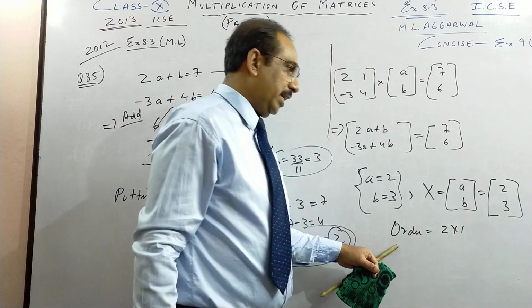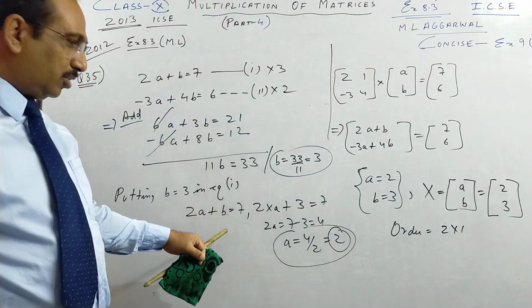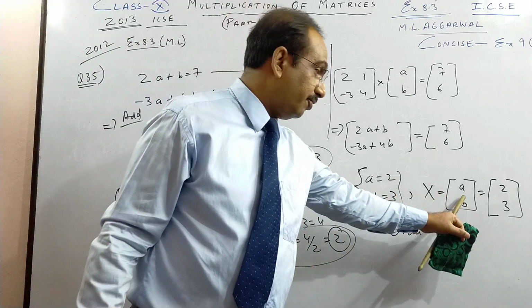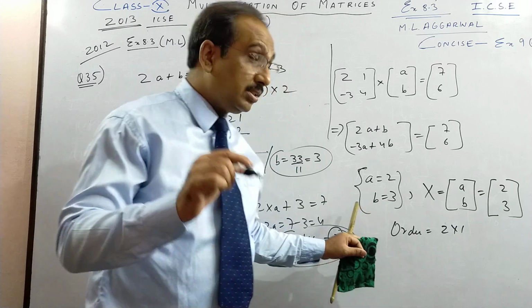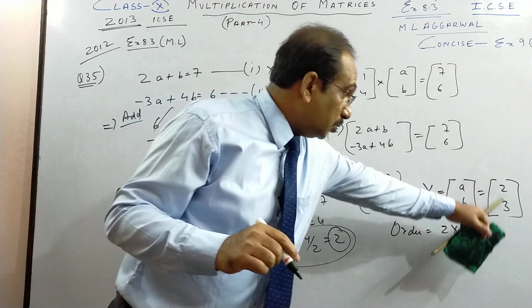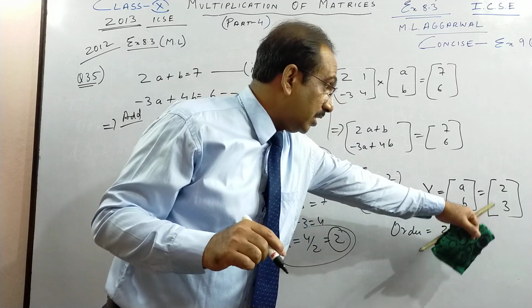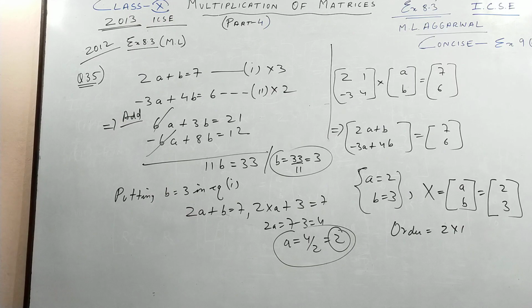So 1 mark you will get here, 1 mark for correct solving, and another mark you will get for writing in this form. Because they have asked to find matrix X, it is the 2, 3 matrix whose elements are like this, not like this. So kindly pause the video and copy, then we move on to the next sum.